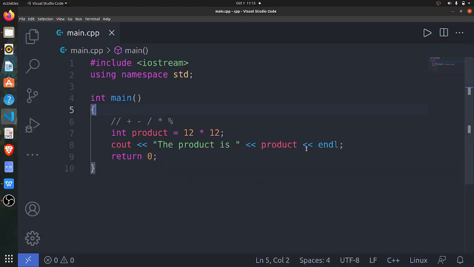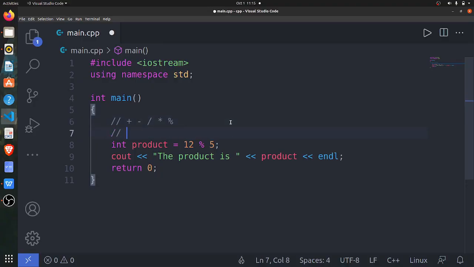And now to the good part, where we'll be talking about the modulus. So if instead of 12 I have 5 here, and I put the modulus symbol like this. 12 modulus 5, what happens here is this. Please pay attention.